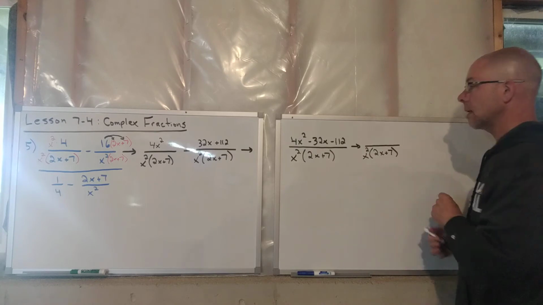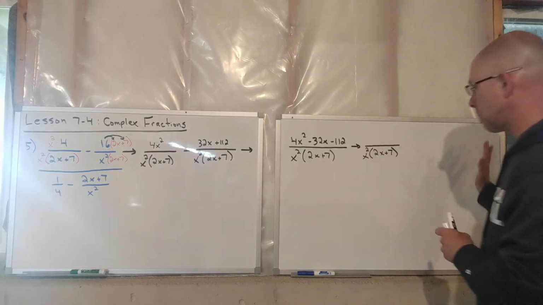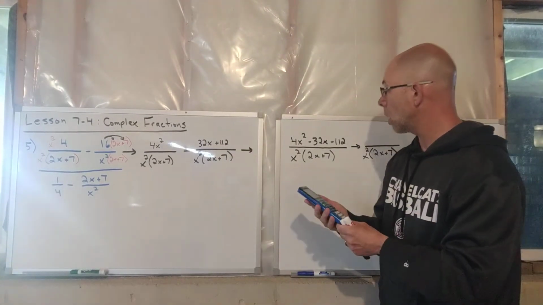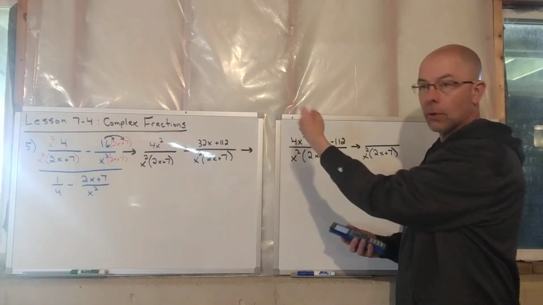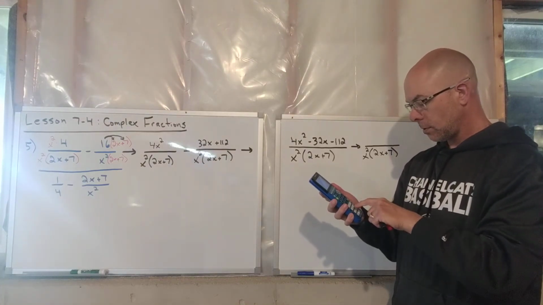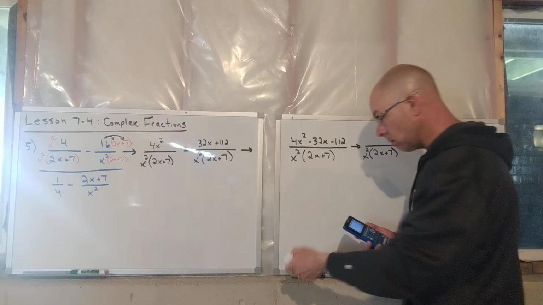So on first sight, and I'm going to do a little bit of work up here because I'm going to run out of space, I'm pretty certain that there's a GCF of 4. I know that 4 goes into 4, and 4 goes into 32, and 112. 4 goes into that too.